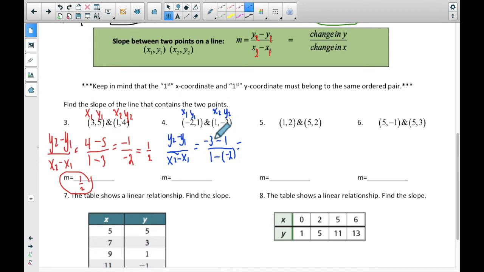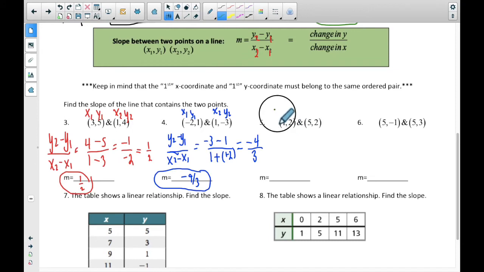And so in my numerator, -3 minus 1 is -4. And a negative followed by another negative is a plus. So 1 minus negative 2 is actually 1 plus 2, and that is 3. And so the slope here is negative 4/3.